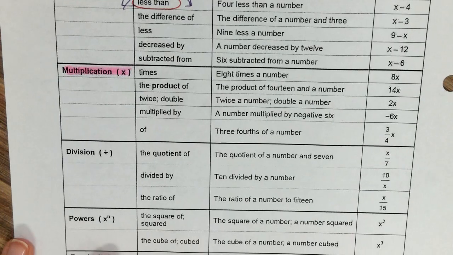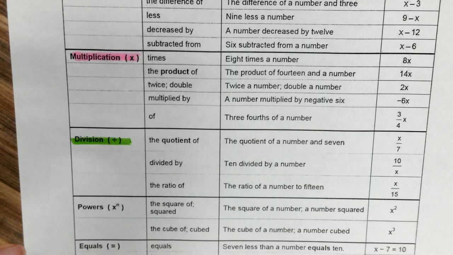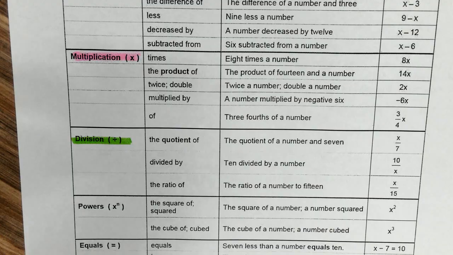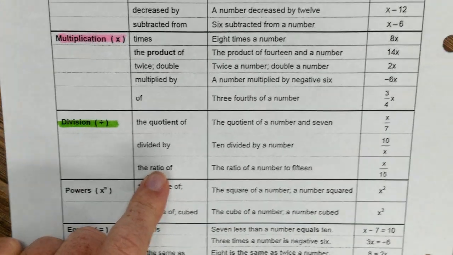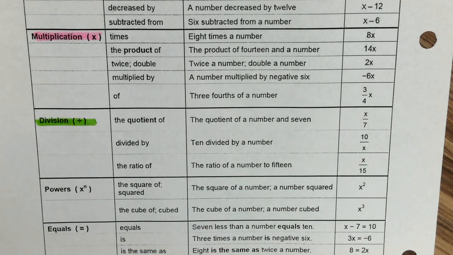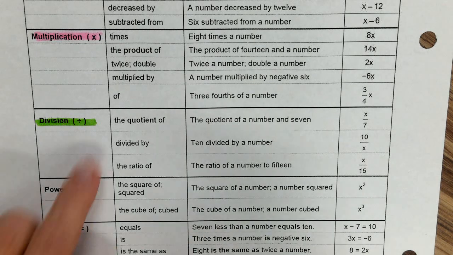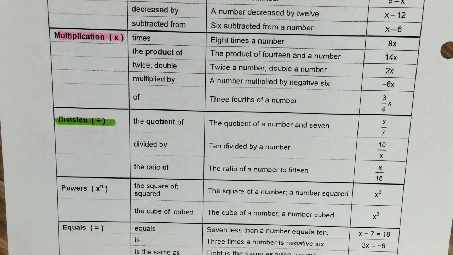All right, let's look at division words. Quotient. They love the word quotient. Divided by and ratio. Now, look at all of their examples. What do y'all notice? They do not write the division sign like this in algebra. We write them as fractions because fractions are division problems.